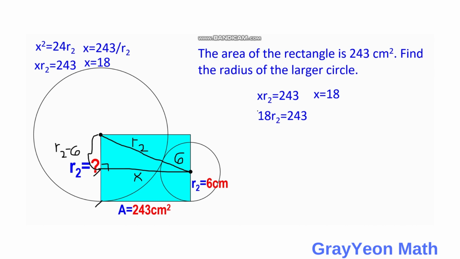We divide both sides by 18 to get R sub 2 equal to 243 over 18, which simplifies to 13.5 centimeters. That is our answer.